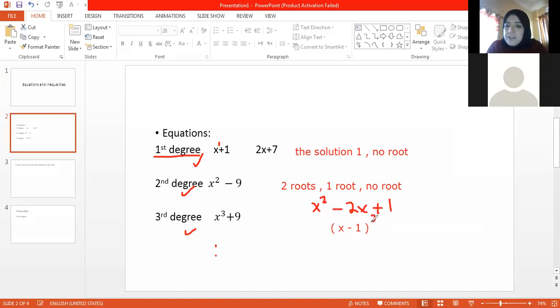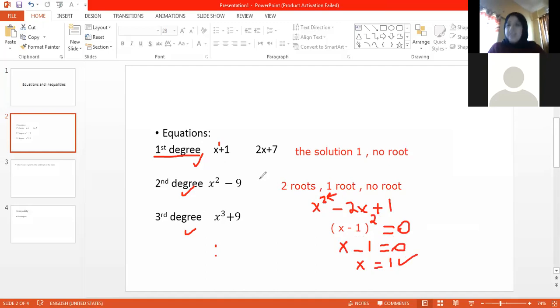If I put this equal to 0, then we take only x minus 1 equals 0, then x equals 1. Exactly. So although it's in the second degree, we had only one solution.